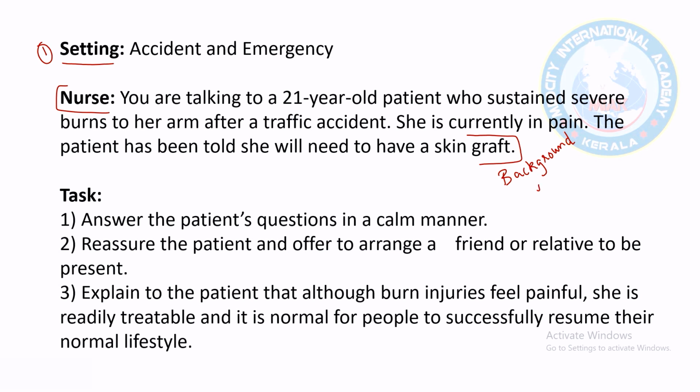This particular short paragraph will give you a lot of information to help you with the role card. And the third part of your role card is the list of tasks.